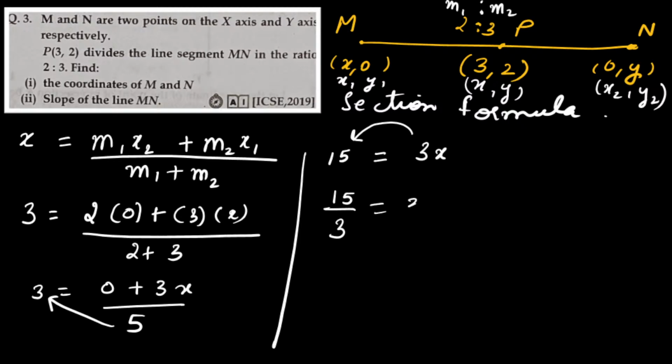So 15 by 3 is equals to x, 3 into 5. So x is equal to 5.